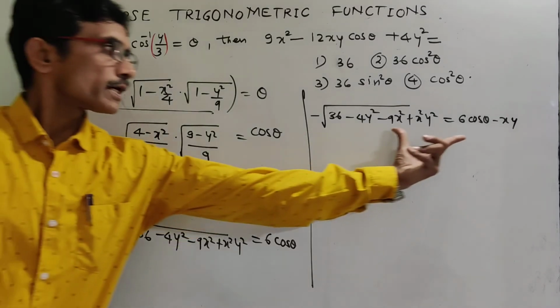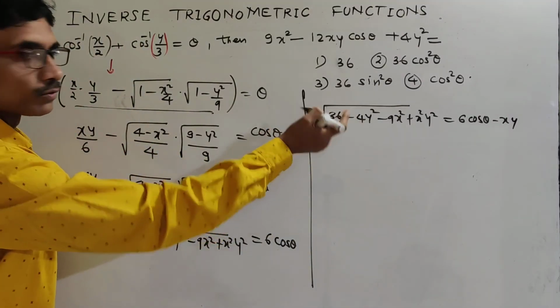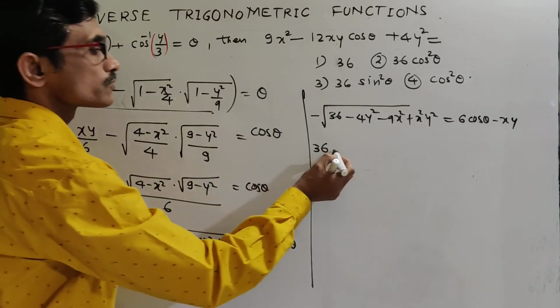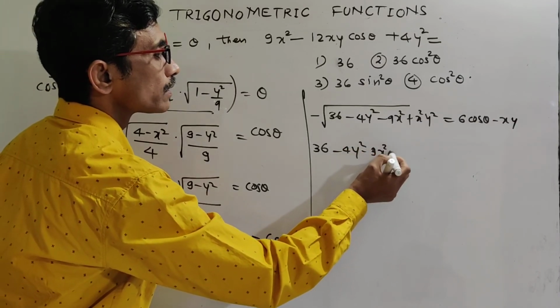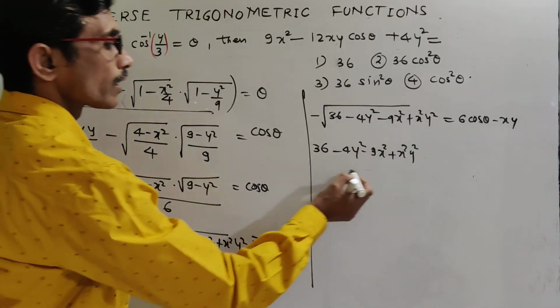We square both sides now. If we square both sides, this negative sign will go and it will be a square root also, and 36 minus 4y square minus 9x square plus x square y square is equal to the square of the right hand side.